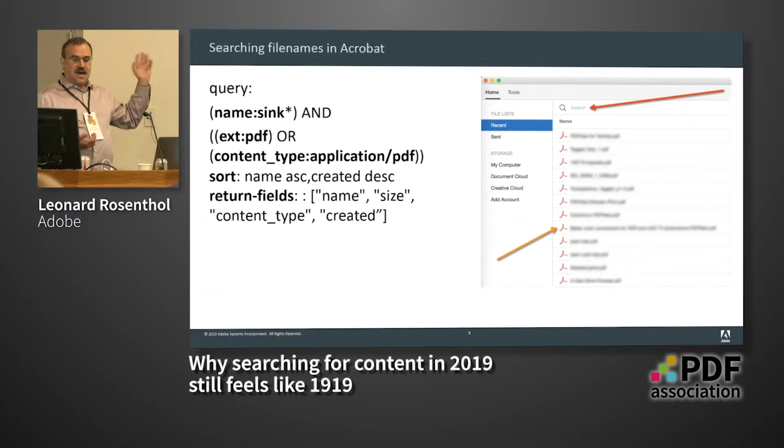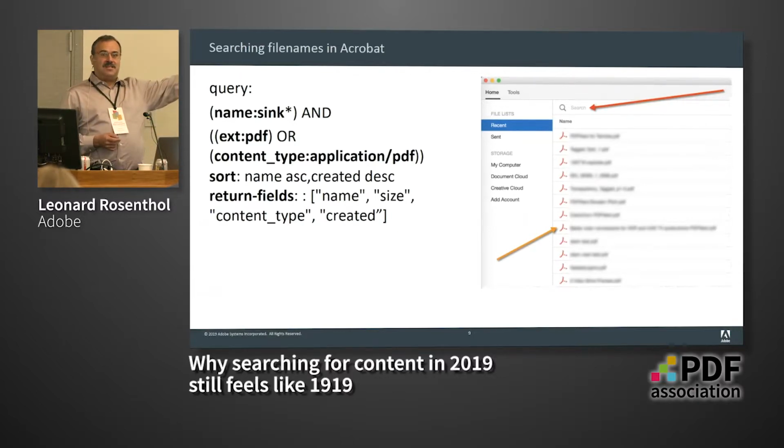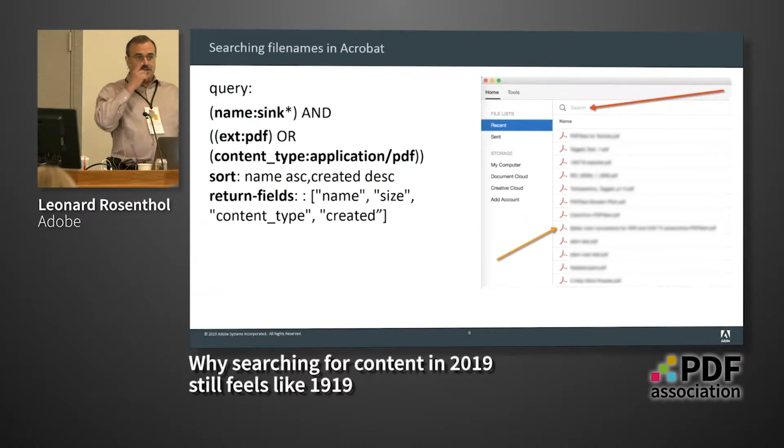I want the name, the size, the content type, and the creation date. Okay? So this is an example, again, of what's happening behind the scenes. So this is the kind of information we feed to Elasticsearch. So talking about that technology that's being used, we're using Elasticsearch. This is data we feed into it. Okay? So for a simple file name search, obviously there's no content being reflected here.